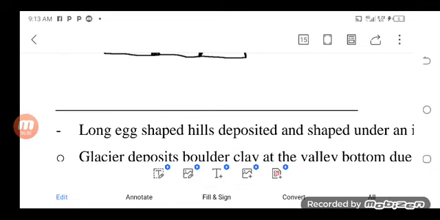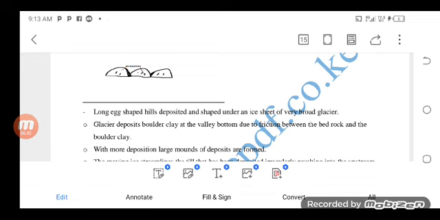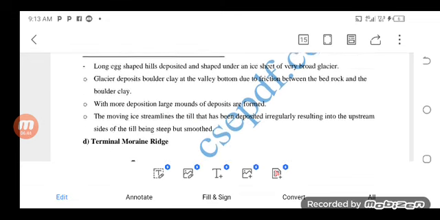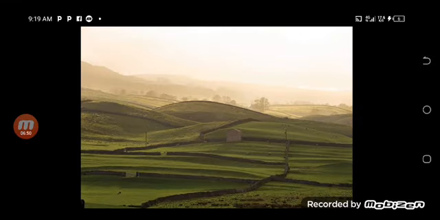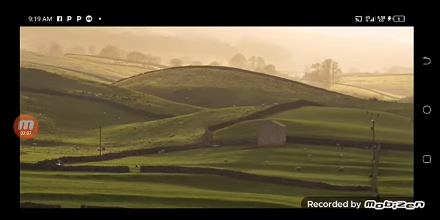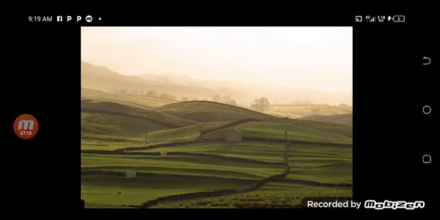The drumlins: long egg-shaped hills deposited and shaped under an ice sheet of a very broad glacier. Look at those hillocks of gravel, clay, and sand that were deposited in the area. Those are drumlins. You can see they are egg-shaped.